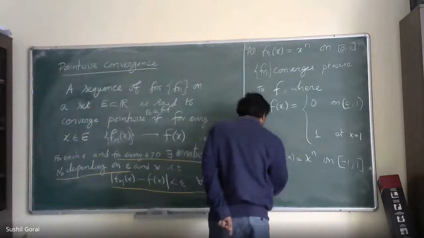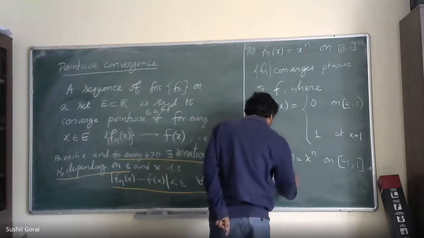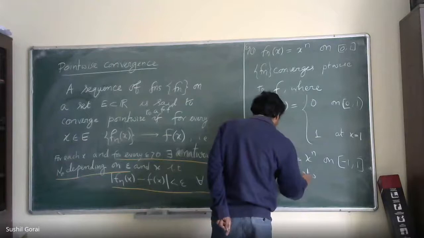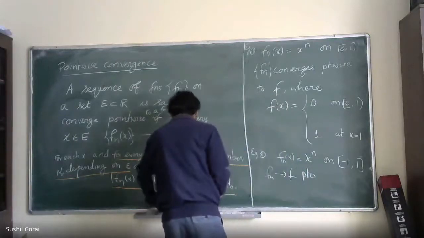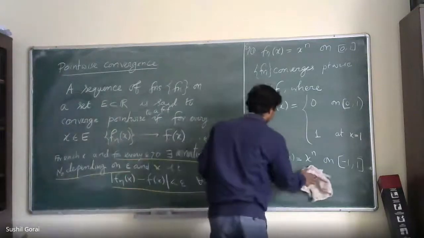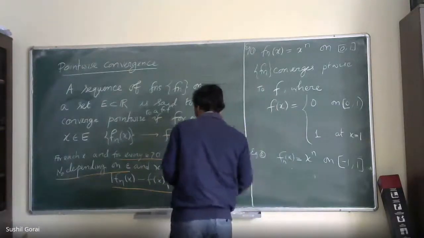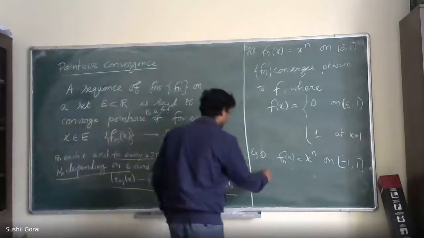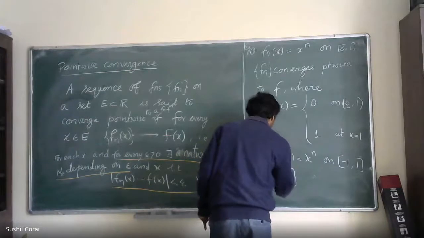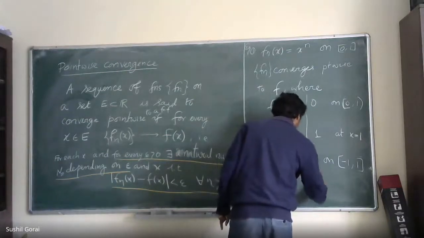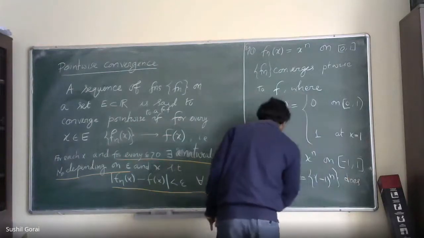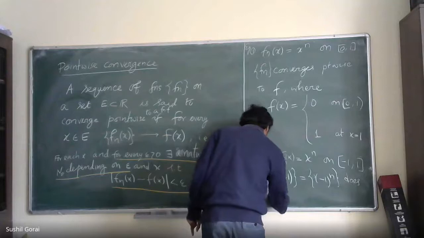So this Fn converges to f pointwise. Well, here, I should say Fn at minus 1, which is the sequence minus 1 to the power n, does not converge.